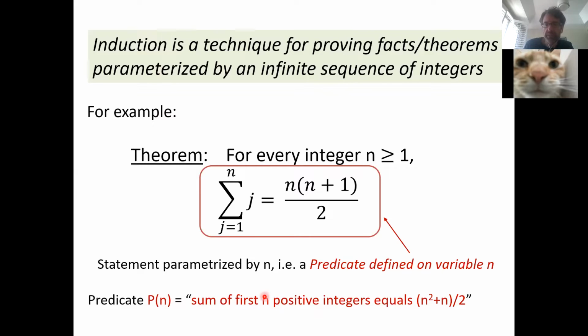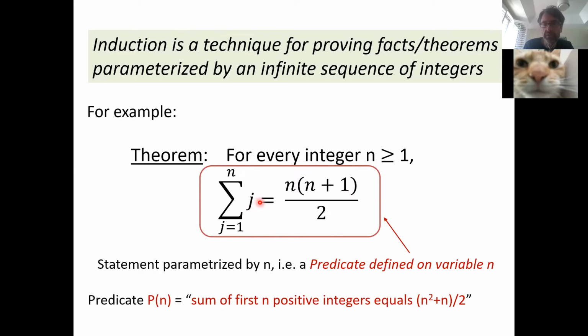Somehow manipulate this summation so that at the end of the manipulations, you will have a product of n and n plus 1, and moreover divided by 2. But if you look at the summation, it's not going to be so obvious how to manipulate it. Although you could actually, right? So think of how you would prove that directly.